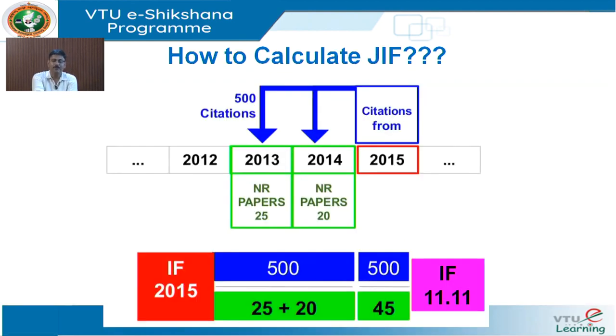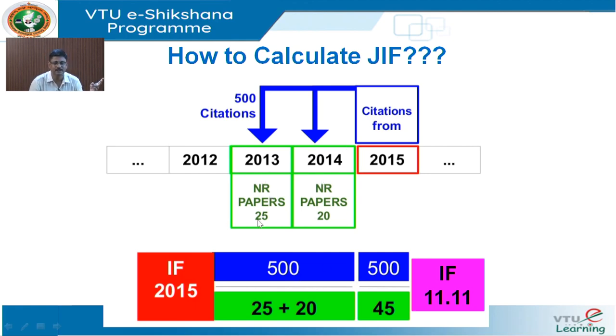So how is impact factor calculated? They take a citation data window. For example, if I want to calculate the impact factor for 2015, they count the number of articles published in the previous 2 years.